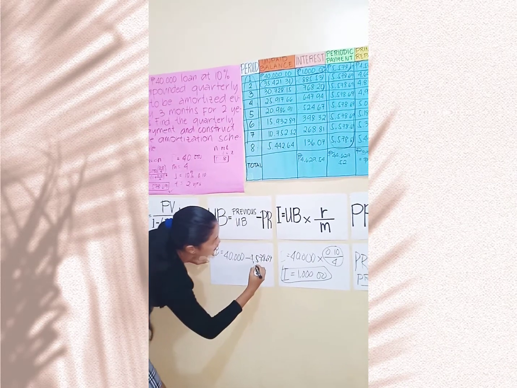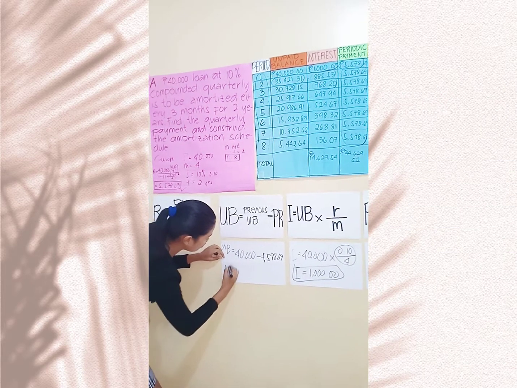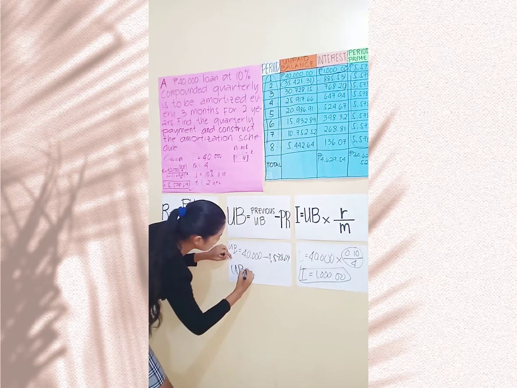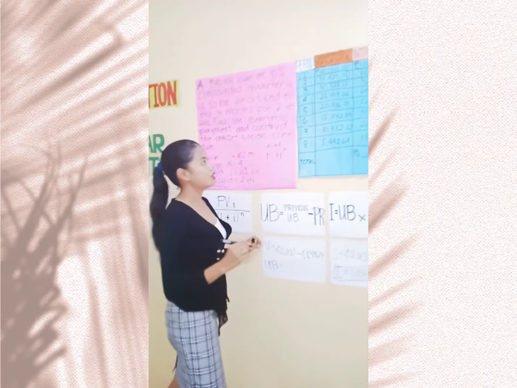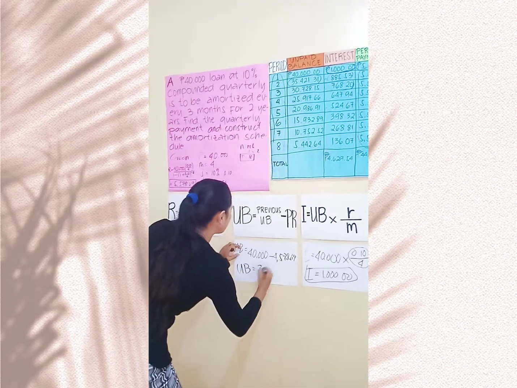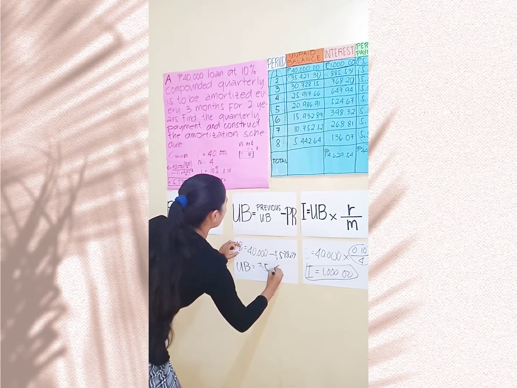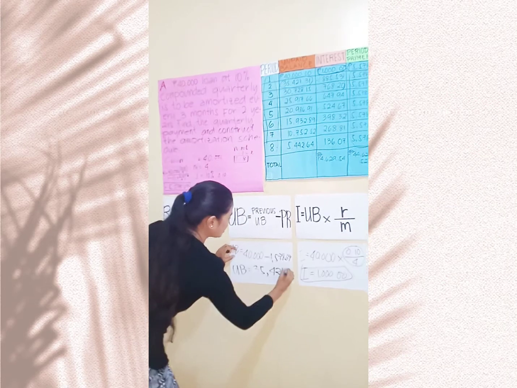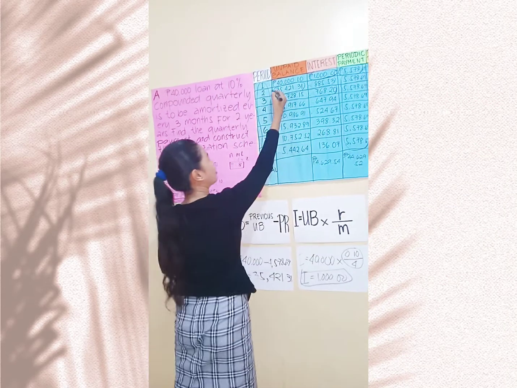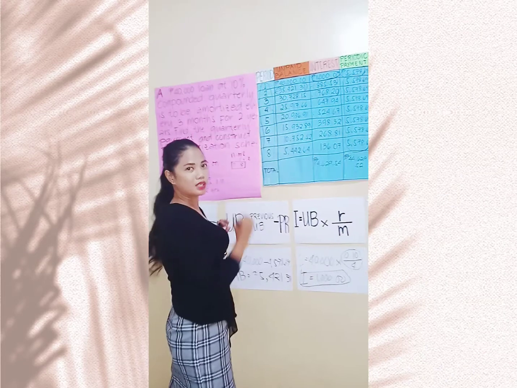So we can obtain the unpaid balance on the second period of 35,421.31. That is our unpaid balance on the second period.